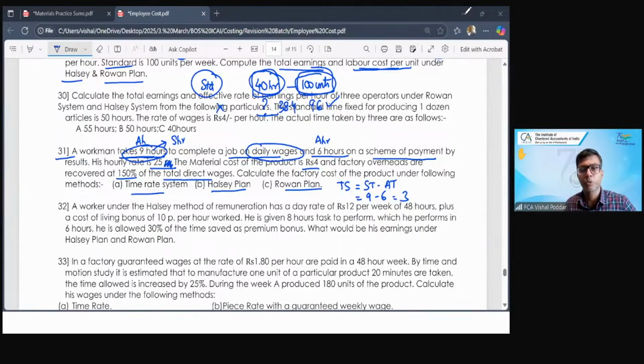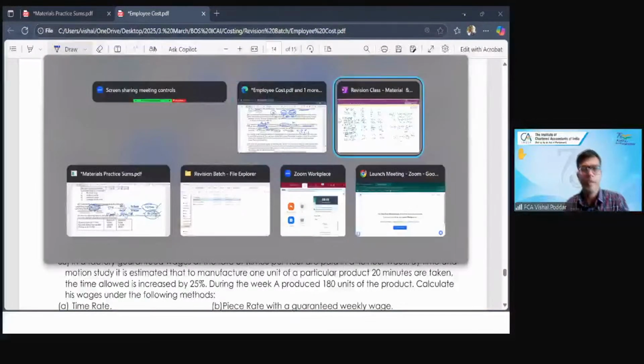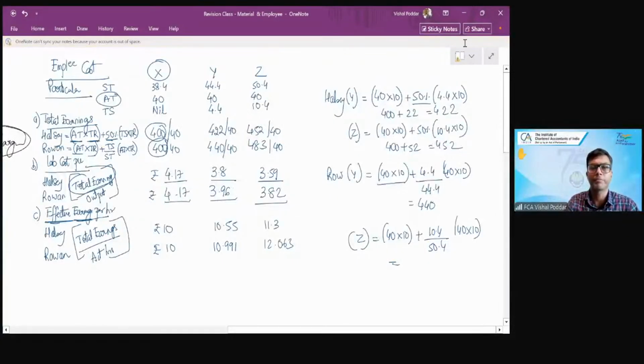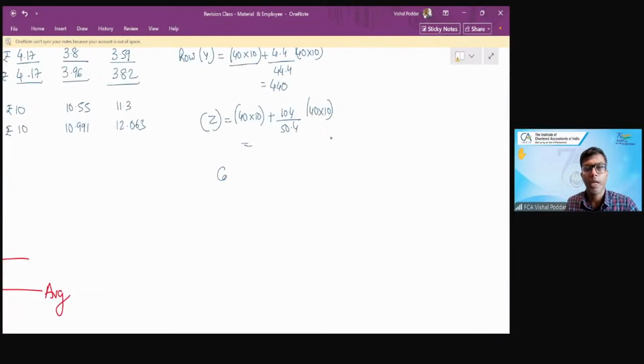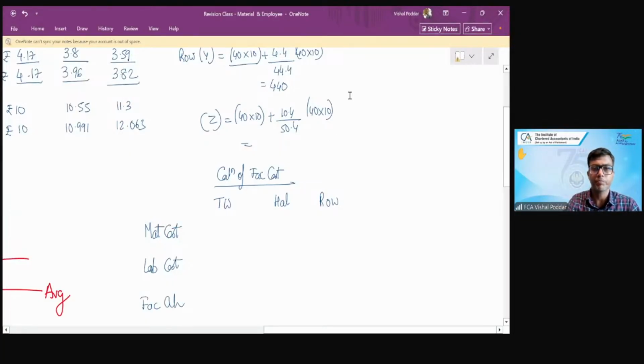Now, what are we supposed to do? We are supposed to calculate factory cost. So let us do that. Calculation of factory cost under the time rate method or time wages method, Halsey plan, and Rowan plan. Now, how do we find factory cost? We know it is material cost plus labor cost plus factory overheads.